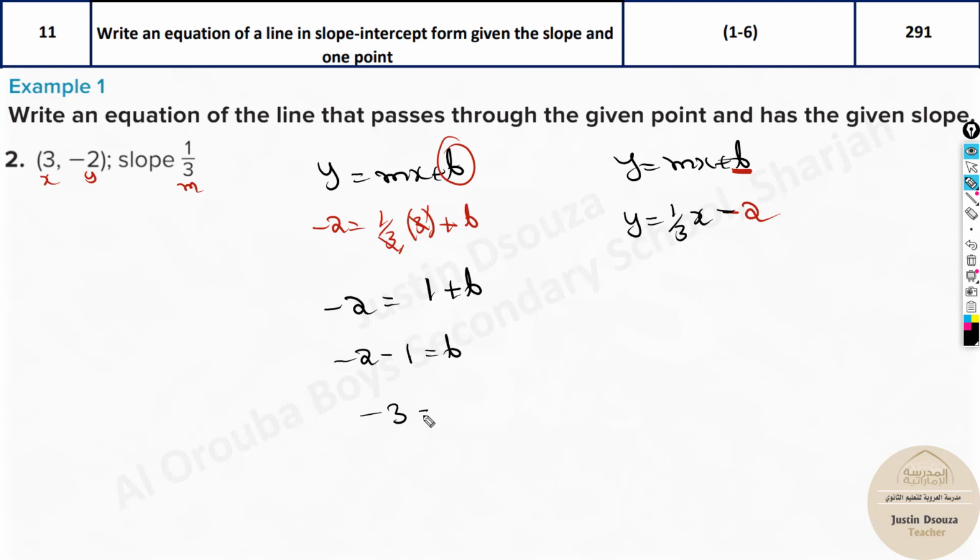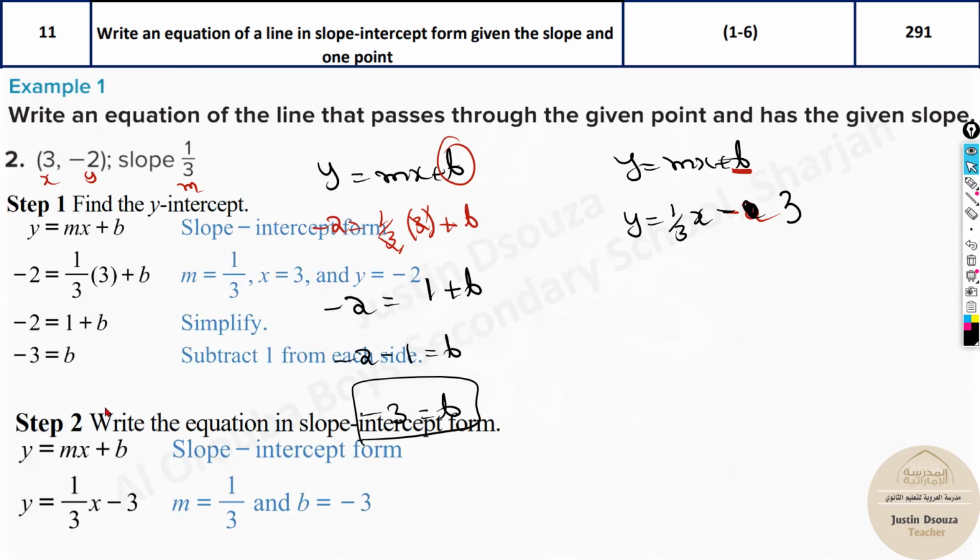The answer is minus 3 equals b. What I had written, minus 2, is wrong. This is the correct answer. Now you substitute this value here. It's not minus 2, it's minus 3. That is the answer. You can see it's minus 3. That's a silly mistake, but a major mistake because you lose a lot of marks because the entire thing goes wrong, right? So please be careful with that.